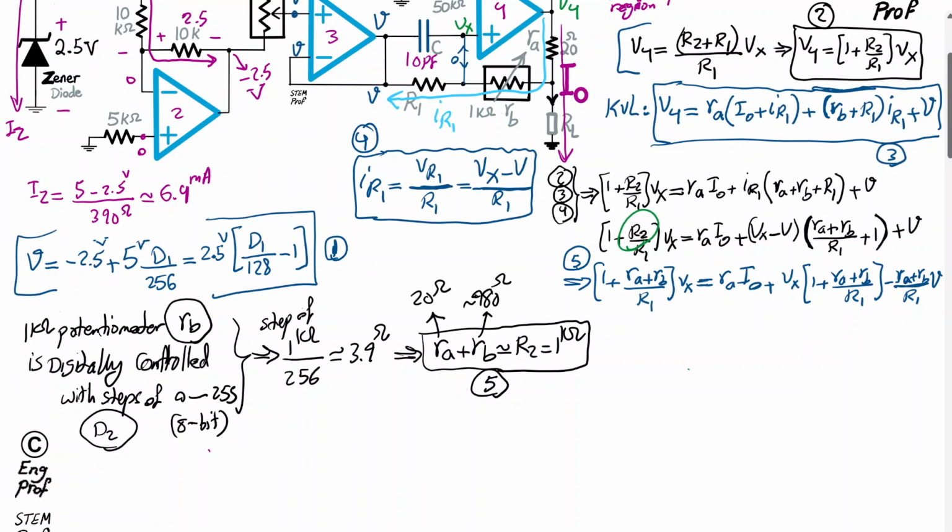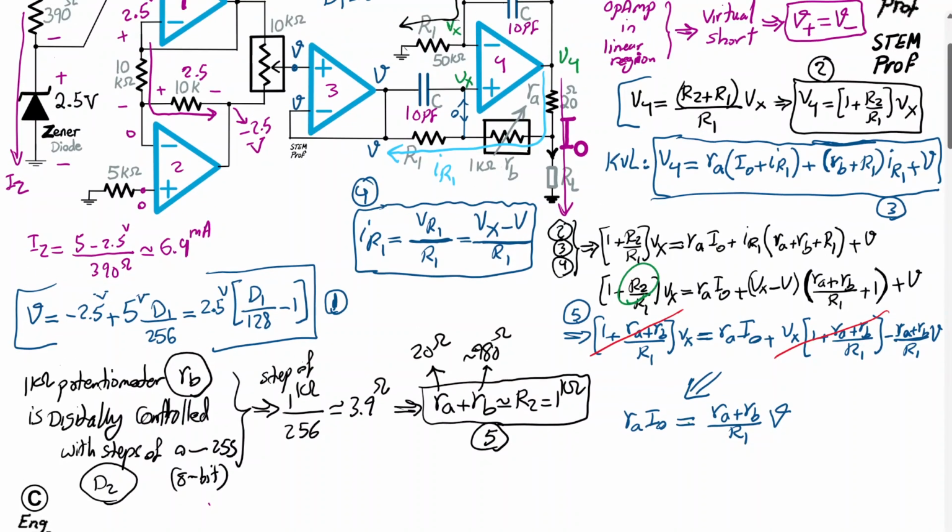The nice thing about this whole thing is, as you can see, these two cancel out each other as long as we can satisfy this with the accurate digital potentiometer, and therefore the circuit computation results in RA I out equal to RA plus RB divided by R1 times V. And V is the voltage at the output of op-amp 3, which is controlled by the first digital potentiometer.